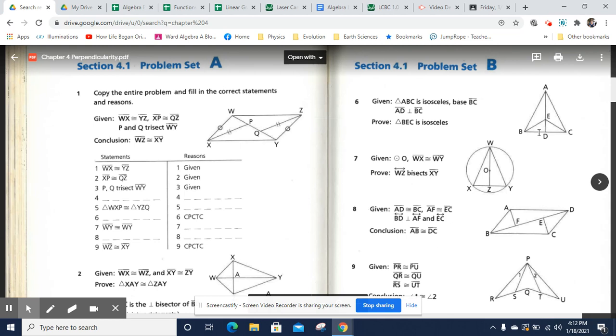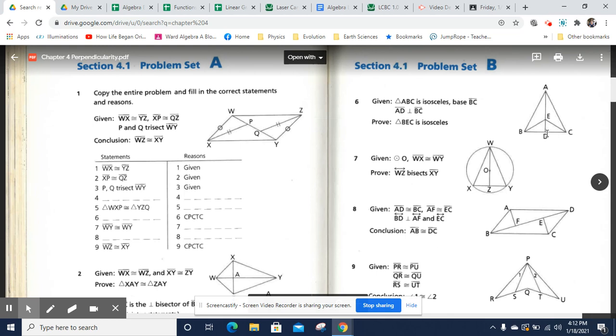And now, since they're right triangles, the hypotenuse-leg theorem comes into play. And since we can prove this leg and this hypotenuse are congruent to this leg and this hypotenuse, we can prove that ABD and ACD are congruent by hypotenuse-leg.